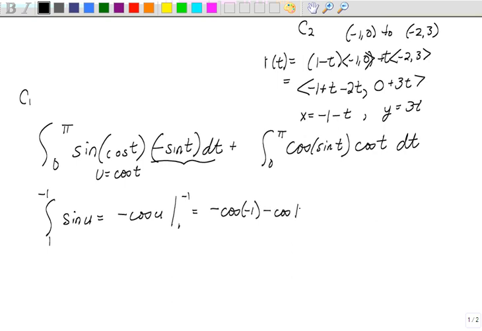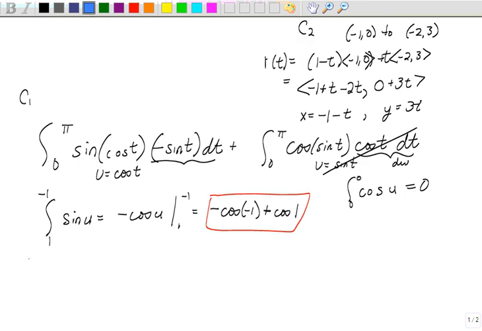Minus a minus, so that's plus. Here I let u be sine t, so this is du. So I'm integrating cosine u from 0 to 0, and that's 0, so that just drops out. So far I have this.